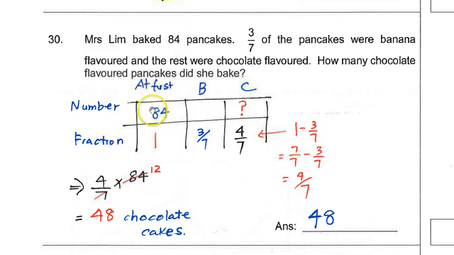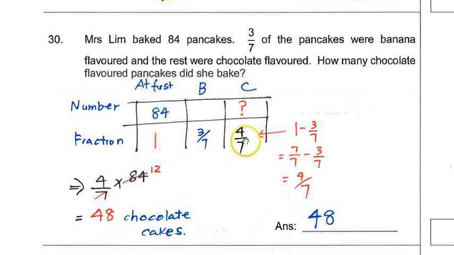It means initially she has 84, which is 1 whole. B means banana. It was given only B as 3/7, the fraction, but not the number. And to find how many chocolate flavored pancakes she baked, this is the question here.